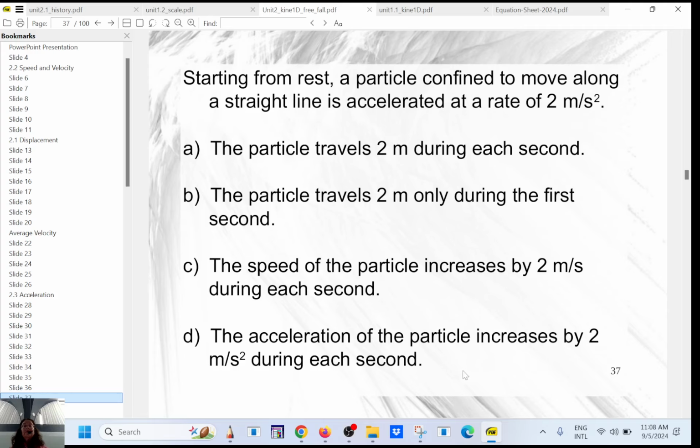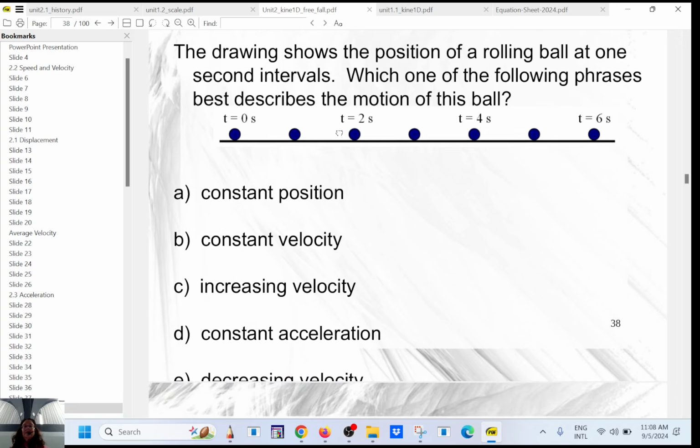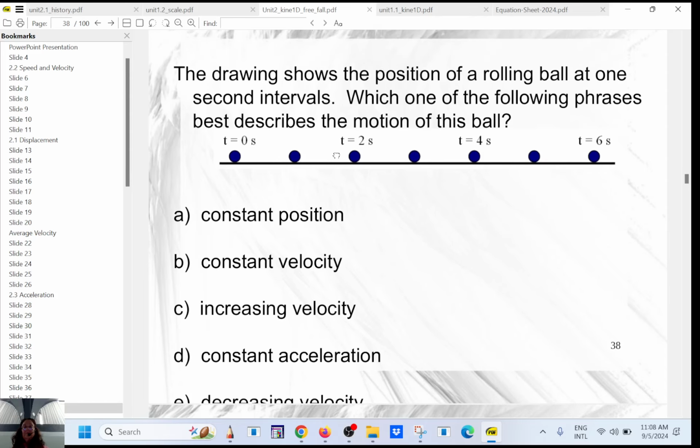So the acceleration here, if it increases by 2 meters per second, that means it's not a constant acceleration, it's called a jerk. That's what it's called when you change, like when you start your car very fast. So anyway, what do you think here?